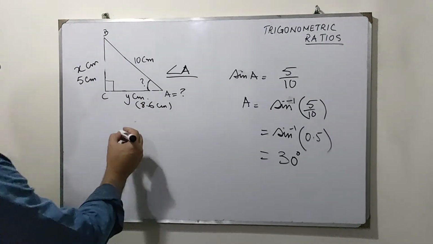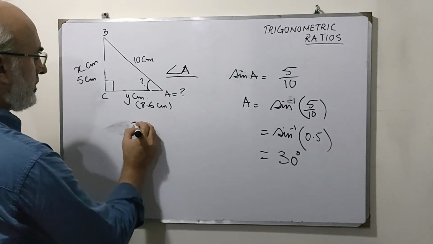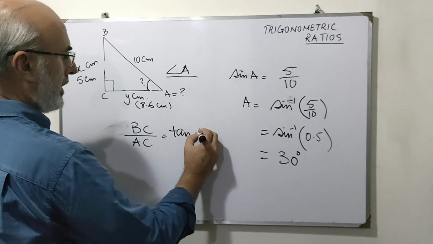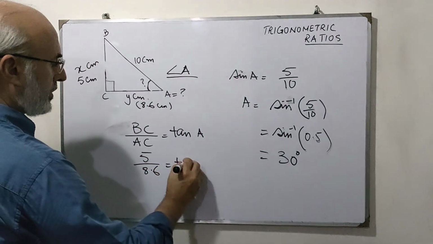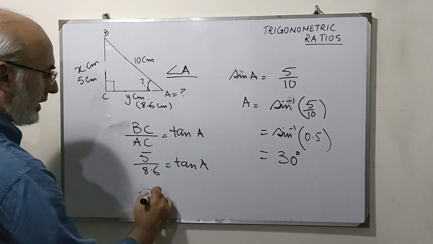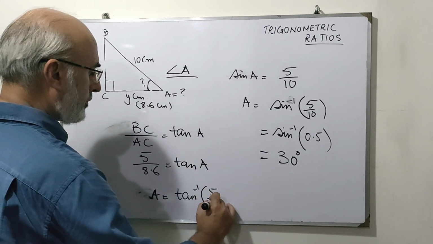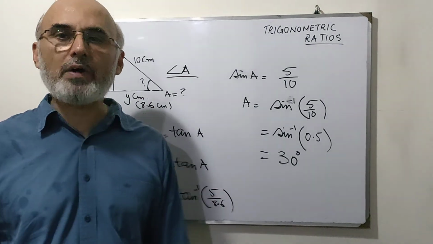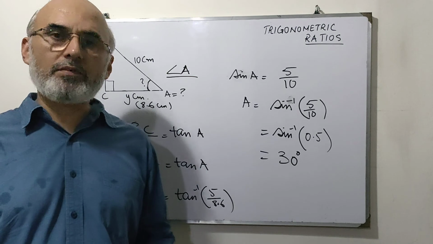It could be for the tan, perpendicular, which is BC over AC, is equal to tan A, and then 5 over 8.6 is equal to tan A, and angle A is equal to tan inverse 5 over 8.6. Now, you can just use the calculator and find it out. You can use any of the ratios which is possible according to the given conditions.